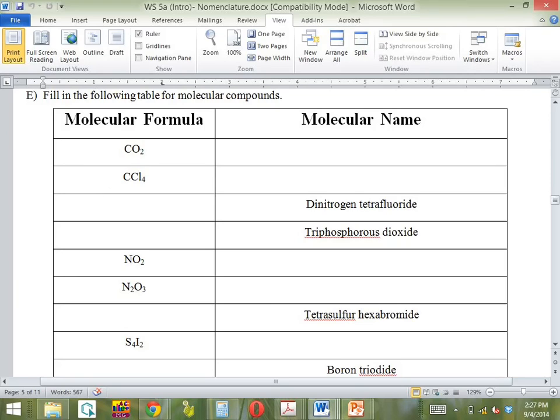We're not going to say monocarbon. And then to indicate how many of the second element, there's 2, we're going to use the prefix di. And it's 2 oxygens. We take oxygen's name and change the ending to oxide, and this is dioxide. Carbon dioxide.